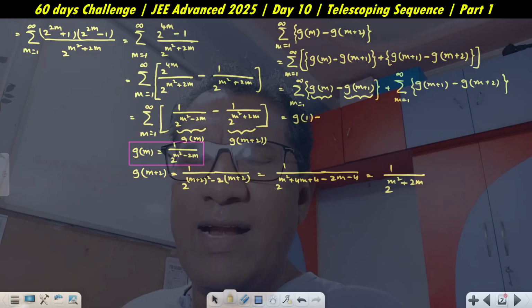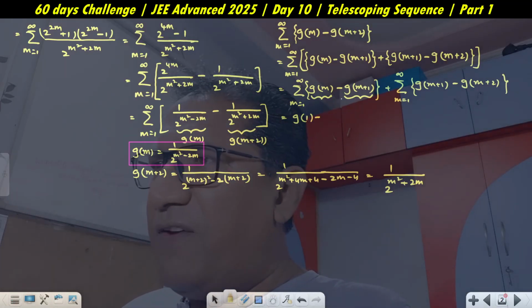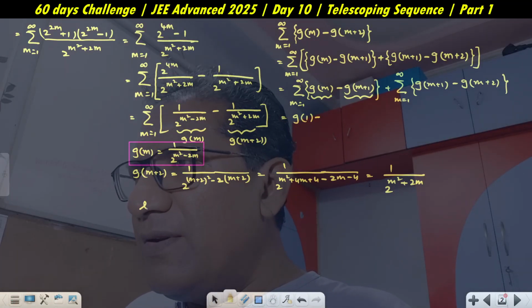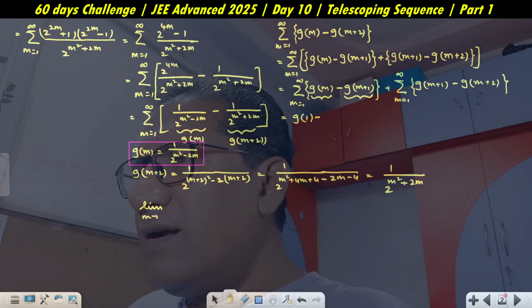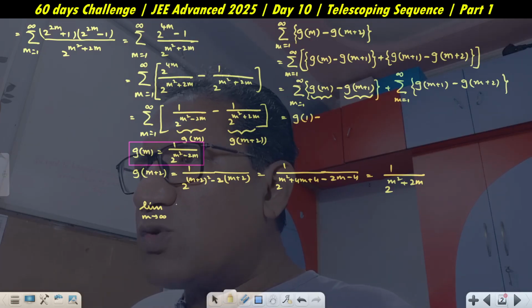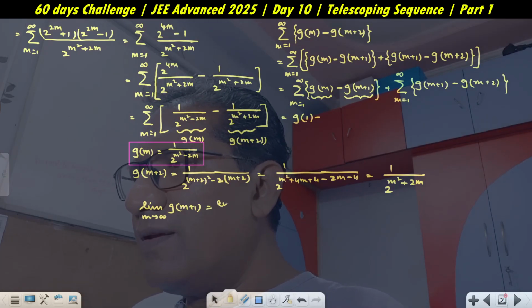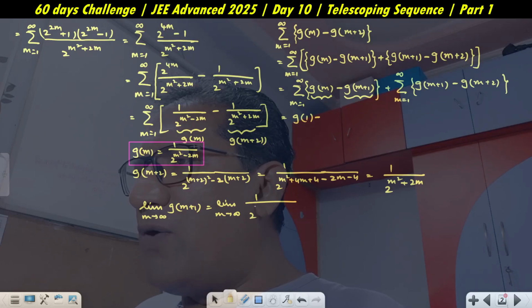For the higher one, in place of m, I will write infinity, I mean it will tend towards infinity. Now, as m tends towards infinity, G of m plus 1 will become what? G of m plus 1 will give us 1 over 2 to the power m plus 1 whole square minus 2m.